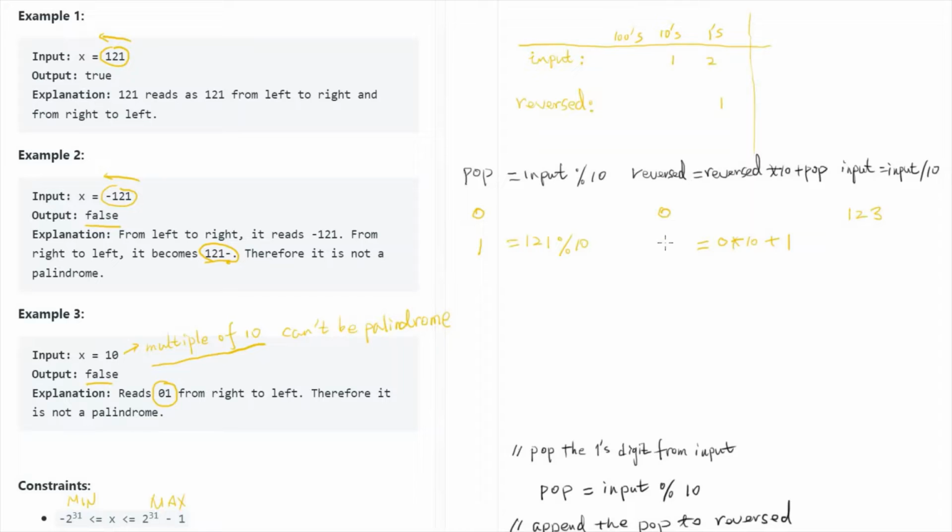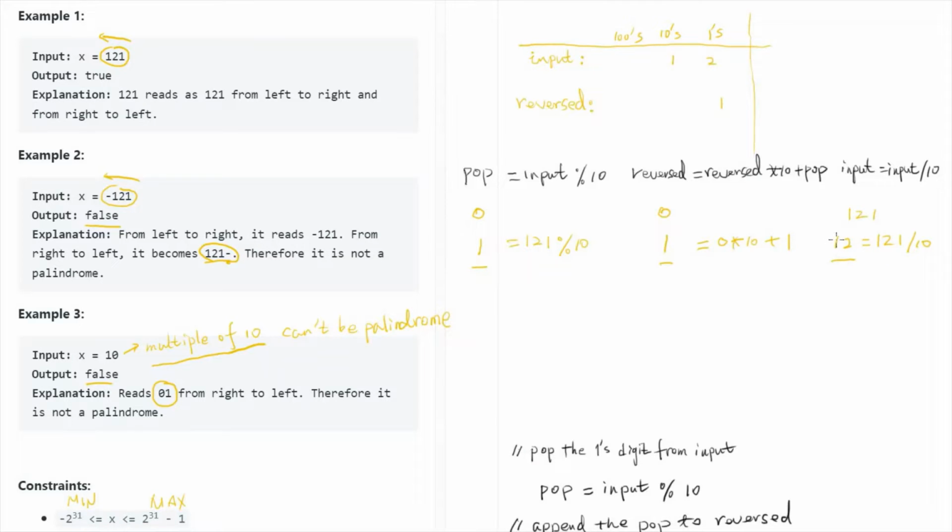So the reversed after the first movement is 3. And the input will be updated to 12, since 123 divided by 10 equals 12. So these are the values for the current state.